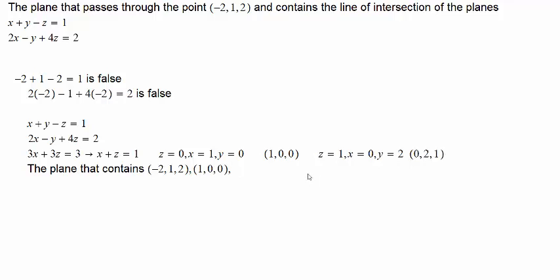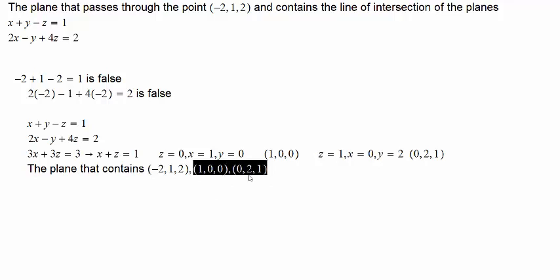So we know the plane contains the point (-2, 1, 2), and these will be 2 other points on the plane. So let's create 2 vectors and take their cross product so that we can obtain a vector that is perpendicular to the plane.